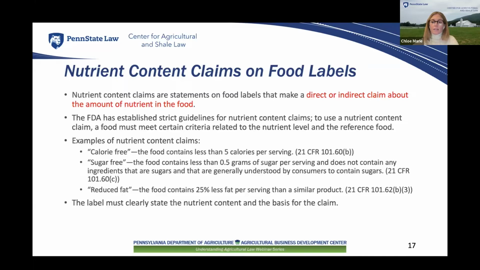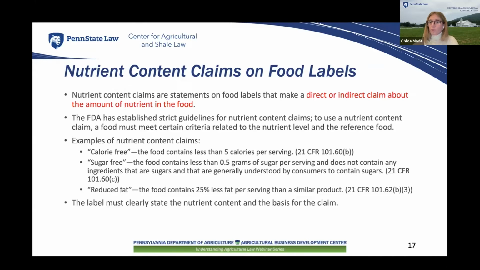So the FDA has outlined specific regulatory requirements for nutrient content claims. For example, the terms calorie-free, free of calories, no calories, 0 calories, etc. can be used on food labels if the food contains less than 5 calories per serving based on the reference amount customarily consumed.